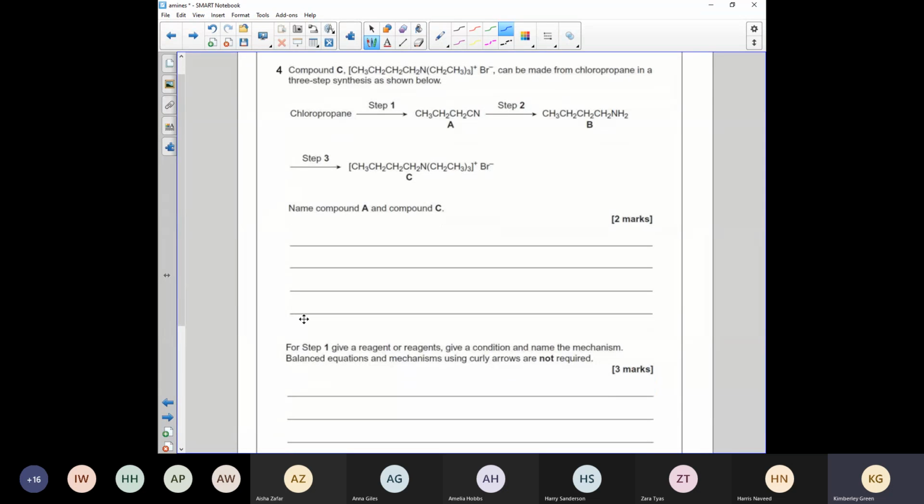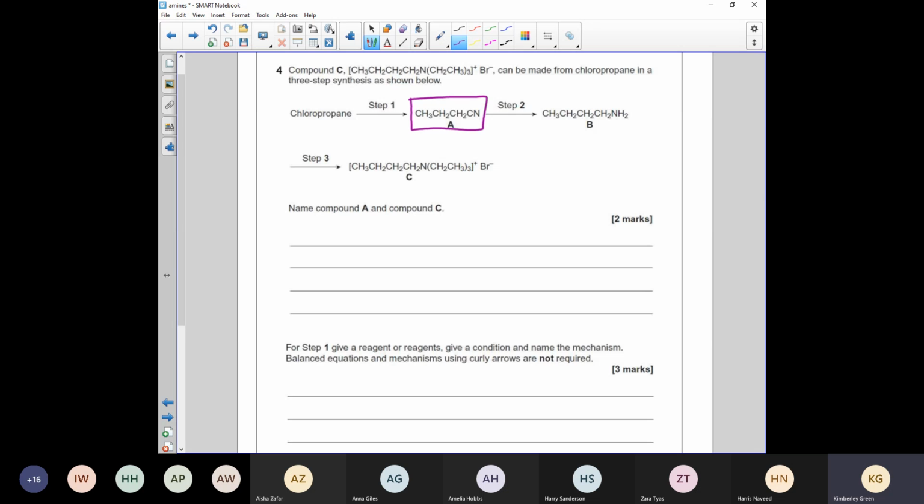Right. So I think this is the last set of questions, isn't it? Okie dokie. So compound C, wow, that's a beast of a compound, can be made from chloropropane in a 3-step synthesis. So here, I'm just going to point that out, even though you don't need to properly know this for this question. Look here.